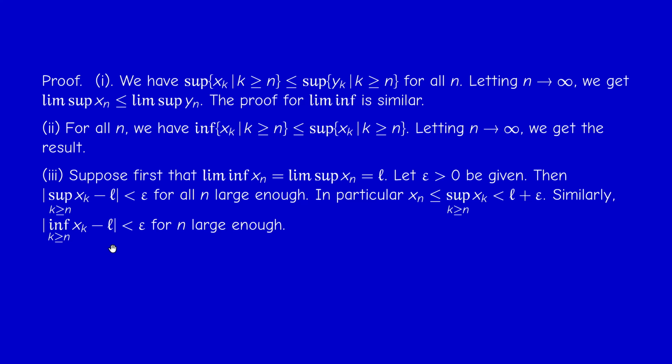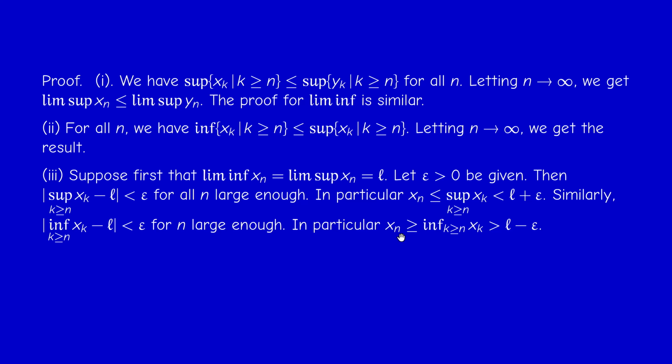We do the same thing, but with the other inequality. When we say that inf of xk minus L is less than epsilon in absolute value, it means that infimum of xk minus L is between minus epsilon and plus epsilon. So this sequence Zn is bigger than L minus epsilon.